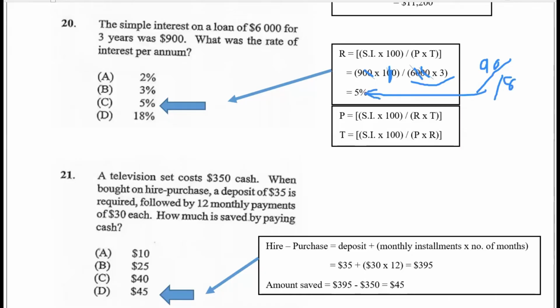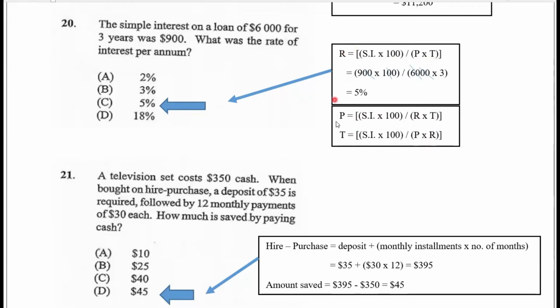Yeah. So this is the case where students may learn the simple interest formula, but do not know how to make any of the variables the subject of the formula. I did provide it here. If they ask for principal, this is the formula. If they ask for time, this is the formula. And obviously the formula for rate here.